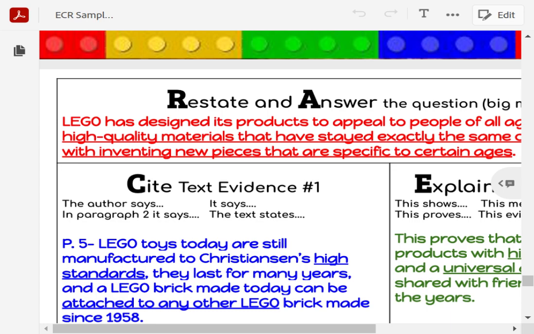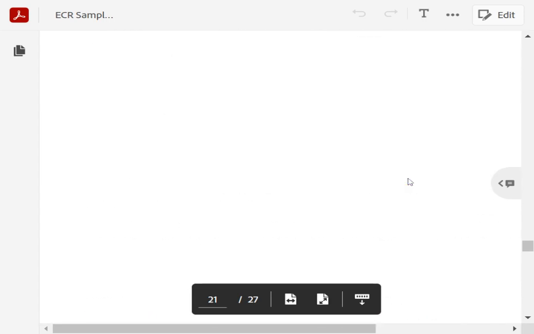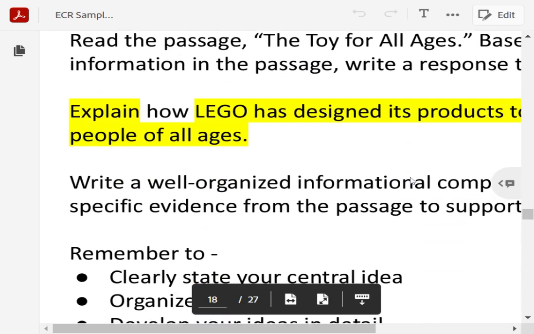So the question, I'm going to go back up to the question. Here it is: Explain how Lego has designed its products to appeal to people of all ages. I've already highlighted these keywords on the resource for you.